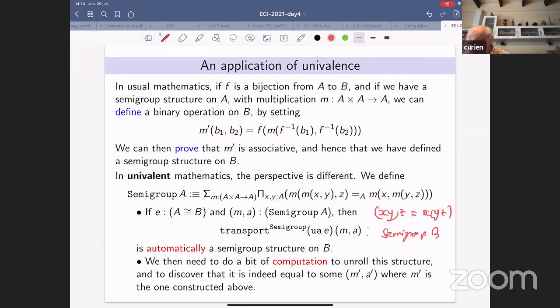But as I said, the real work starts now, to make sure that this semigroup structure is the one we expected. And actually, it is not trivial.